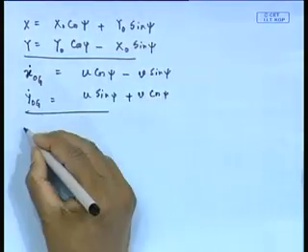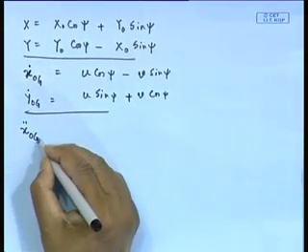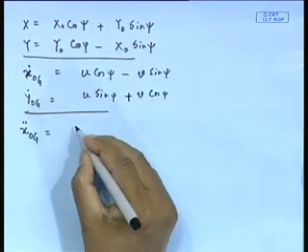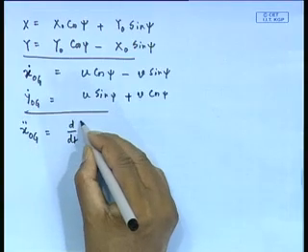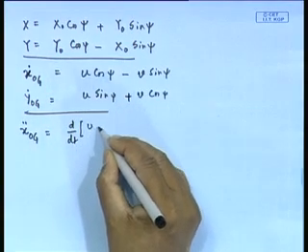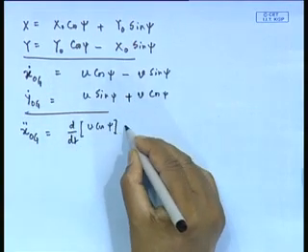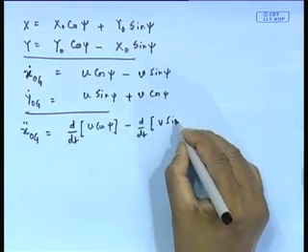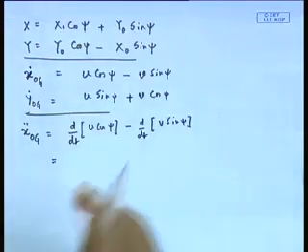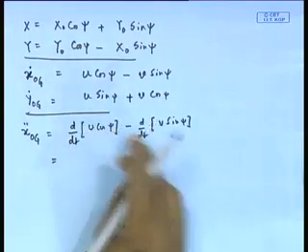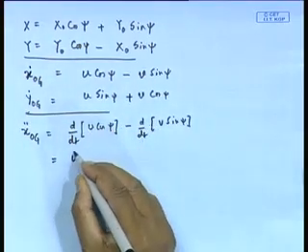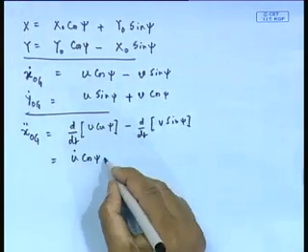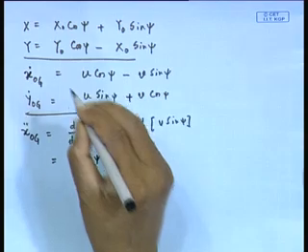Now comes the question of acceleration, x double dot o g. Remember, this is d by dt of that. So this is going to be u dot cos psi as the first term, plus d by dt of cos psi into u.